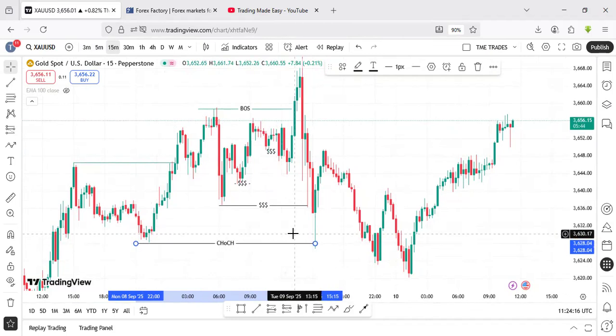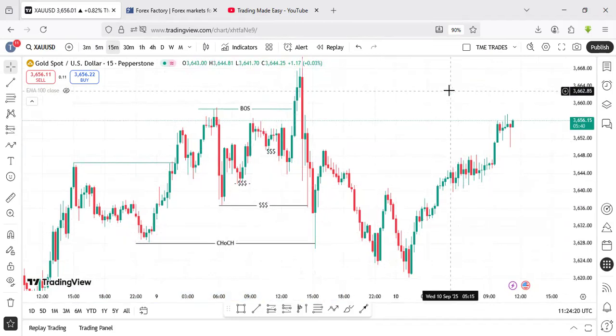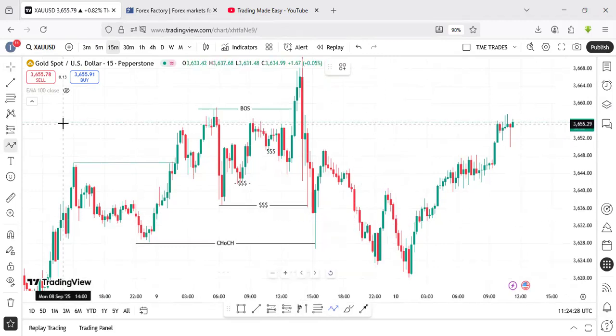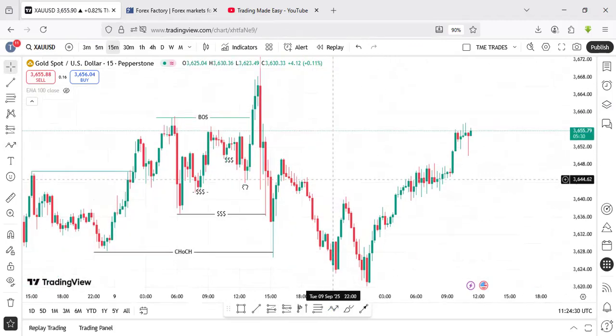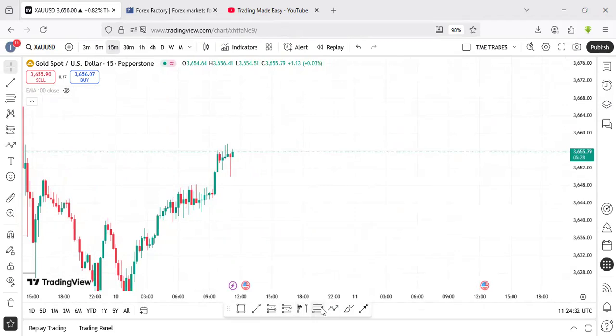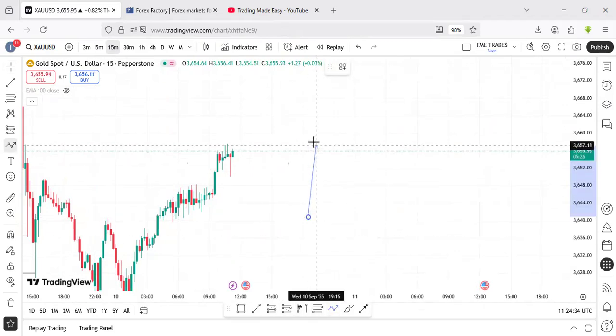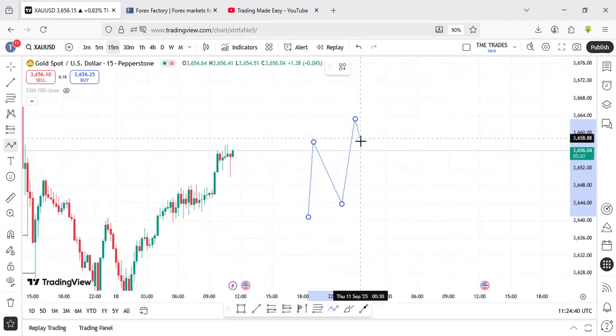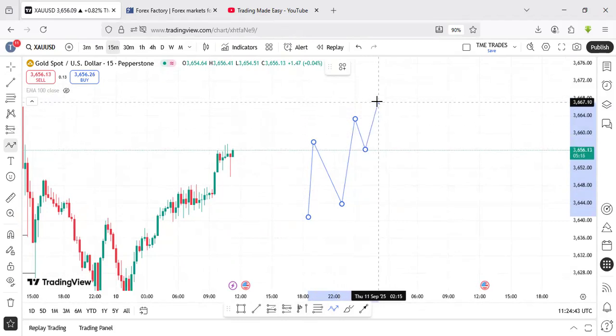The market has changed its direction, but some people will still be looking at it that the market is still in an uptrend. But before that, let's look at this. Remember, I said earlier that the market could be going this way. It could go up to a very high, now create a higher high, right? Now come down here, create another high.